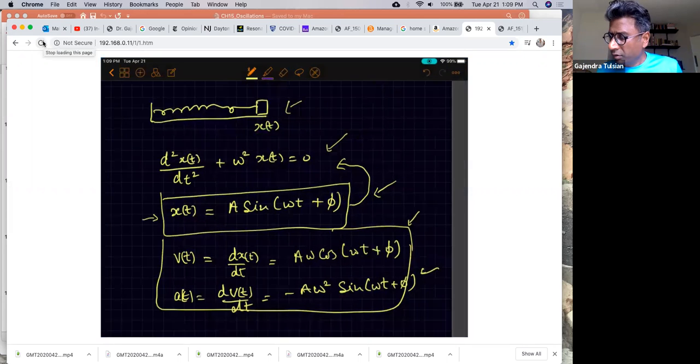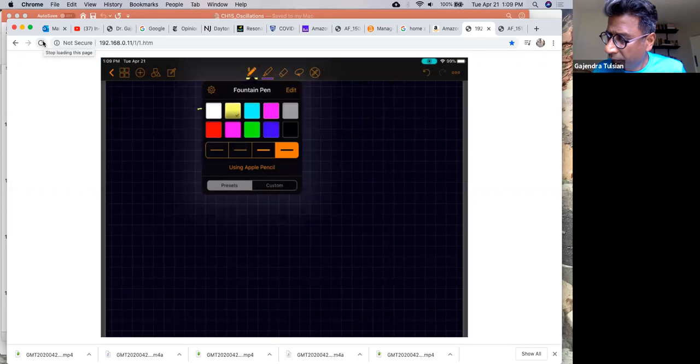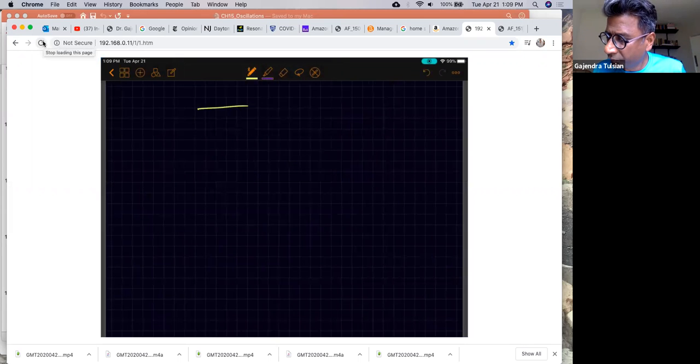All right, so here's the torsional pendulum. There was the disc, and there's the reference mark on the disc.